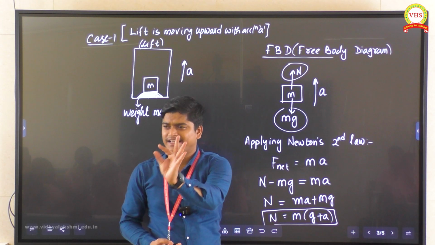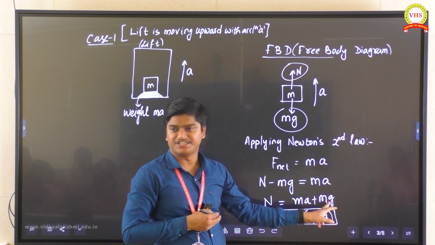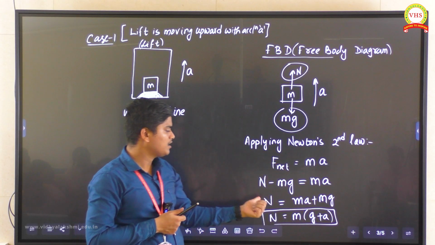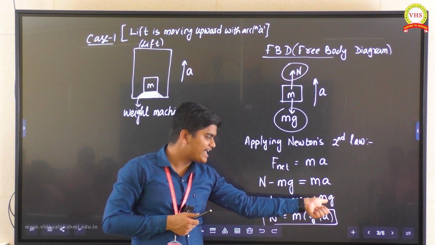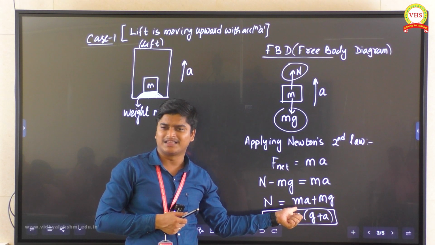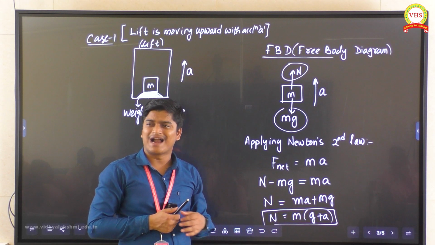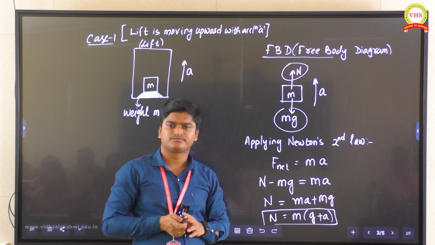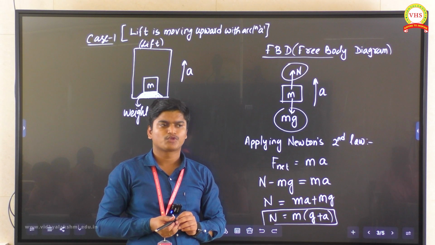Your normal weight is mg. But when I find the normal reaction here, another term is added with mg. What is that? Ma. So your normal reaction is a little greater than mg. Yes or no?